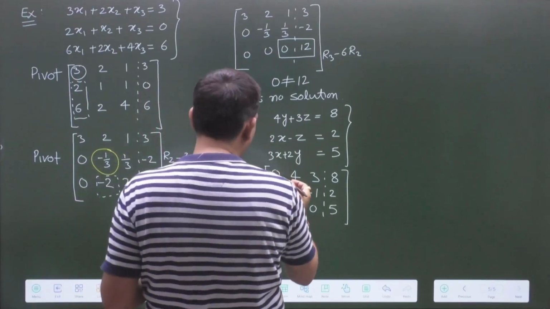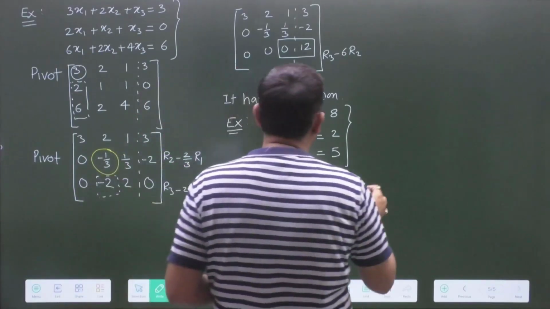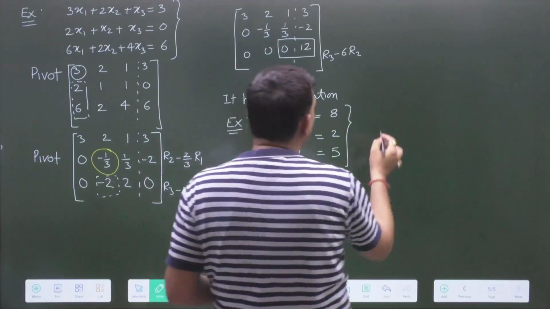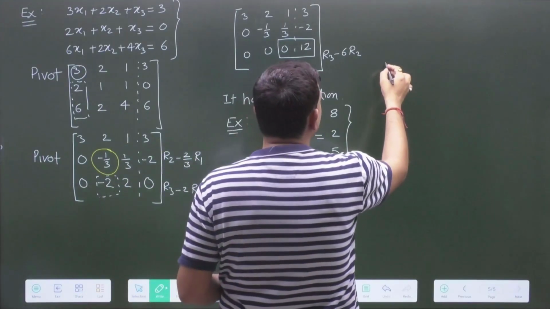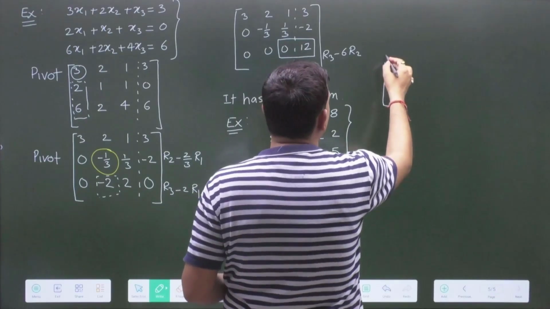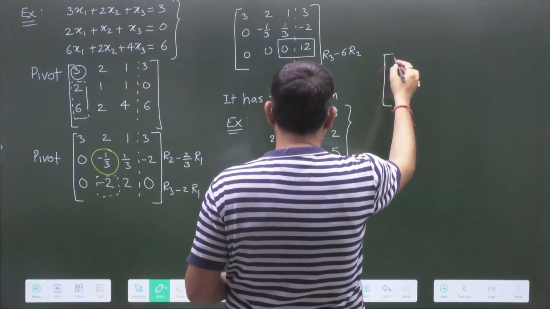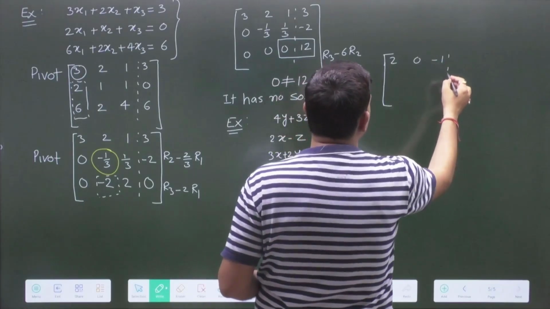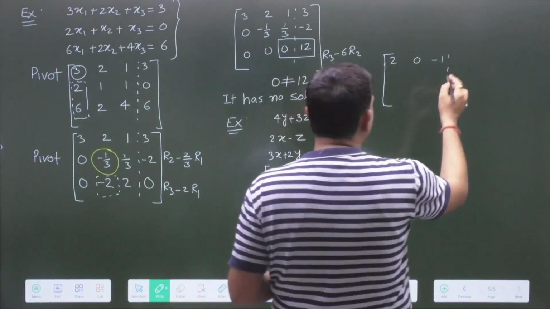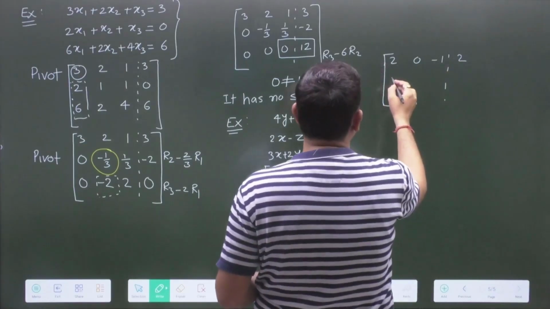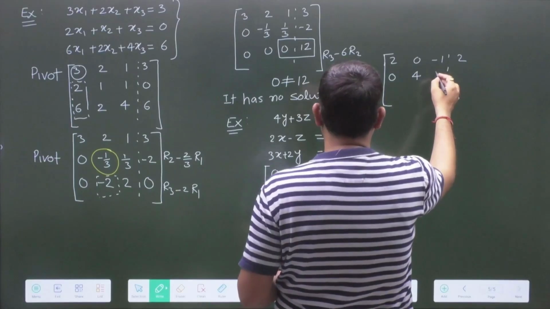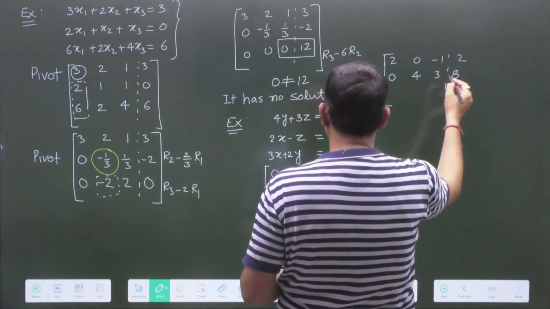Now, next step is we want this to be non-zero. So what we will do, let's shift it. So this is 2, 0, minus 1, 2, and this will be 0, 4, 3, and 8.